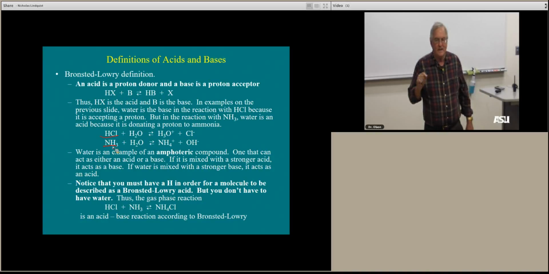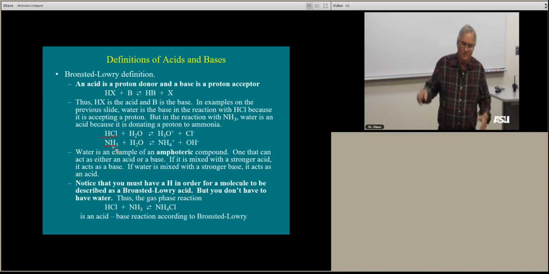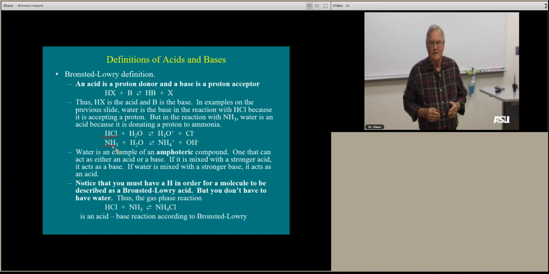Now, if we take HCl gas and bubble it through water, then we get something called hydrochloric acid. And if we take ammonia gas and bubble it through water, we get something called ammonium hydroxide. And we can have different concentrations of hydrochloric acid depending on how much HCl we bubble through, and different concentrations of ammonia.